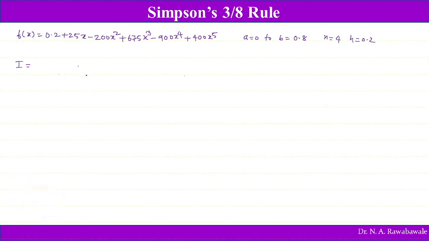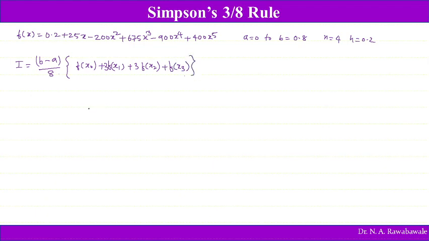Simpson's 3/8 rule gives us b minus a divided by 8, in brackets f of x naught plus 3 f of x1 plus 3 times f of x2 plus f of x3.